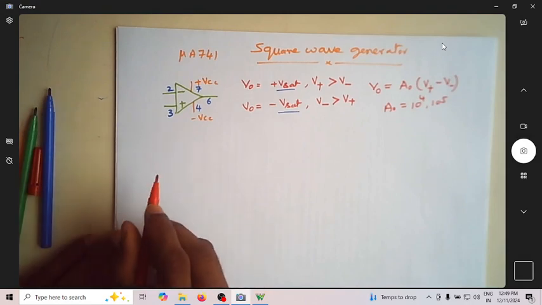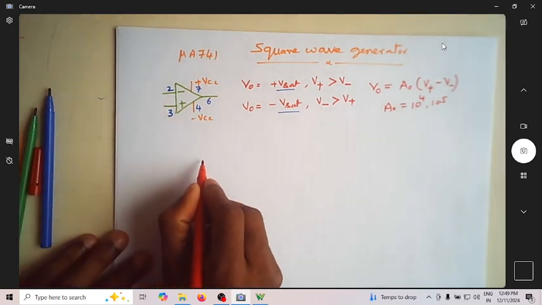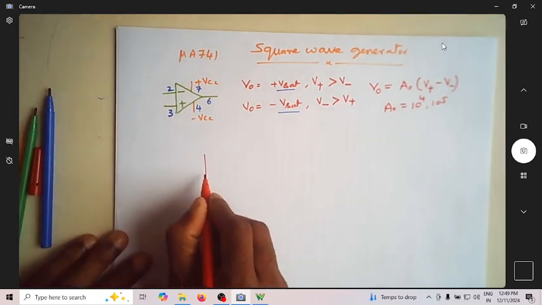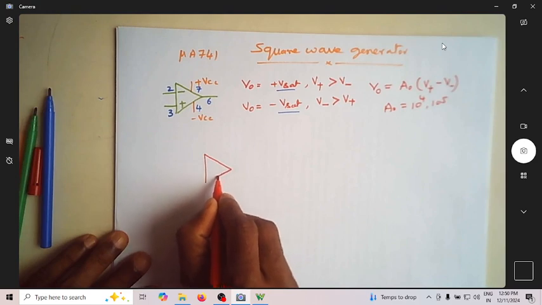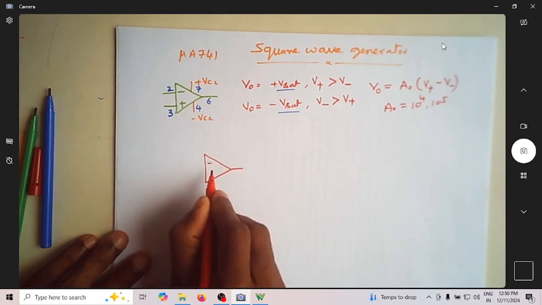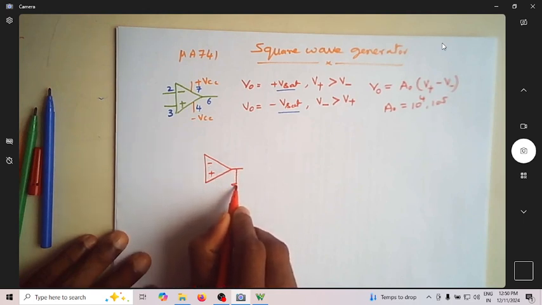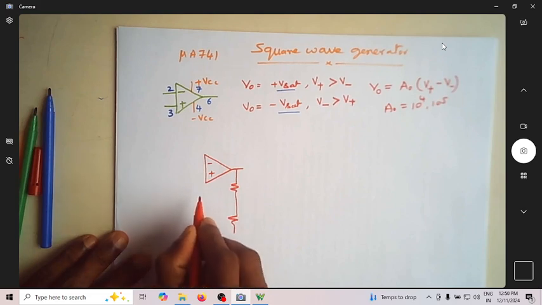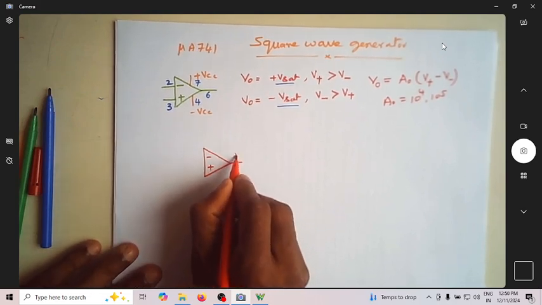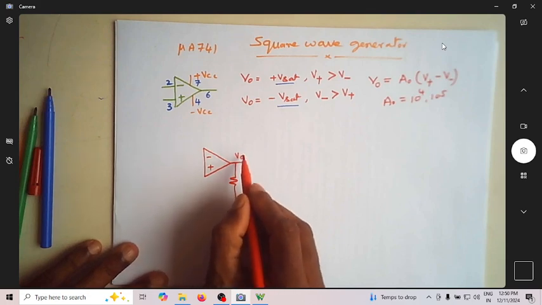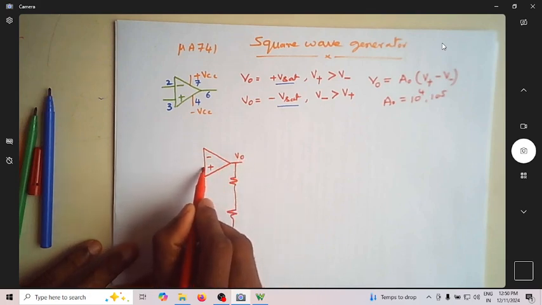So we will take up this operational amplifier, this is minus and plus, and let me provide a positive feedback to this. When I say positive feedback, a sample of the output voltage is fed back to the input.